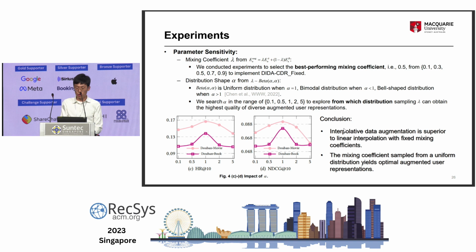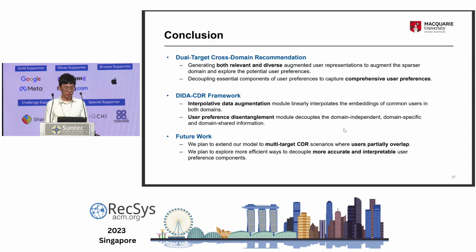Interpolative data augmentation is superior to linear interpolation with a fixed mixing coefficient, and sampling from a uniform distribution yields optimal augmented user representations.